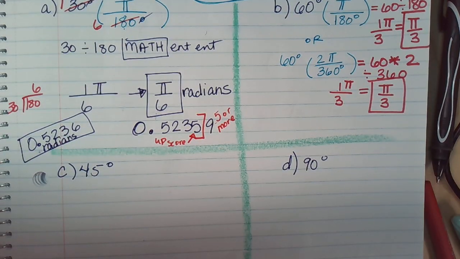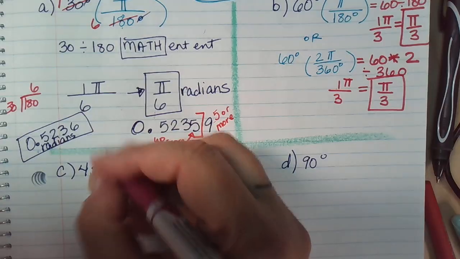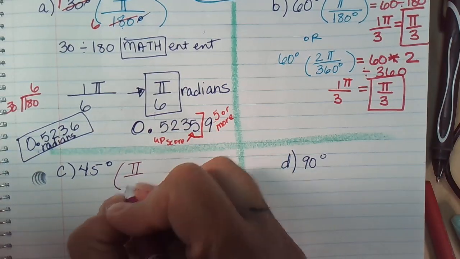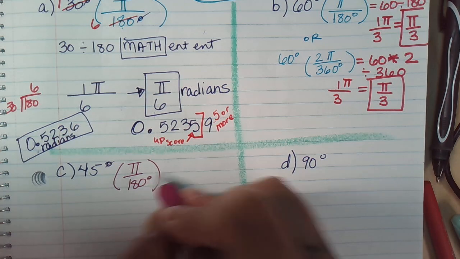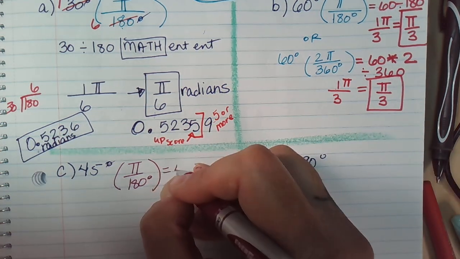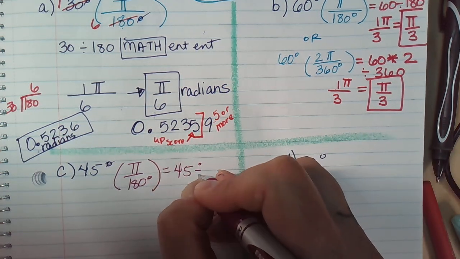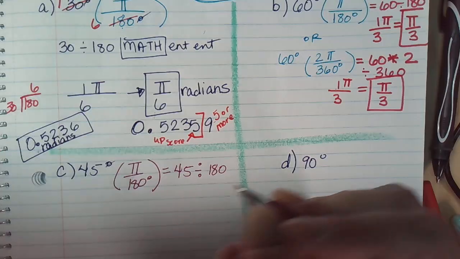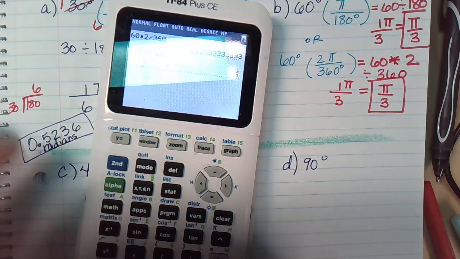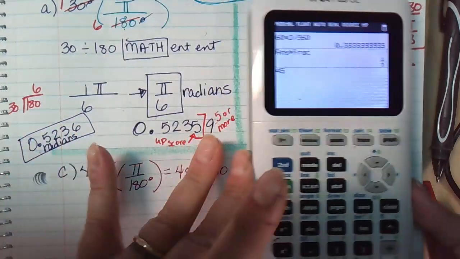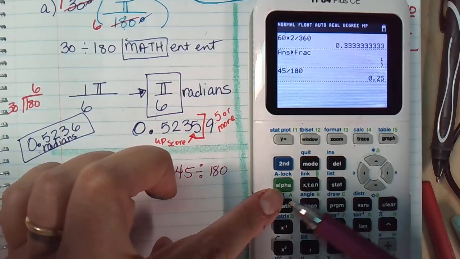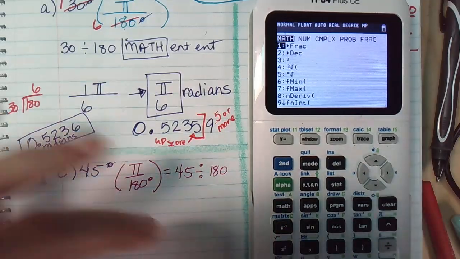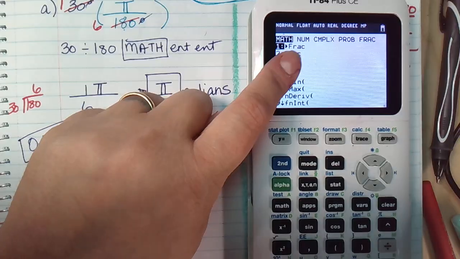Okay, let's look at 45. Well, you're going to multiply 45 by pi over 180. The degrees cancel out. In our calculator, you're going to type 45 divided by 180. Math enter. Then this math, and then it says, take me away to a fraction.